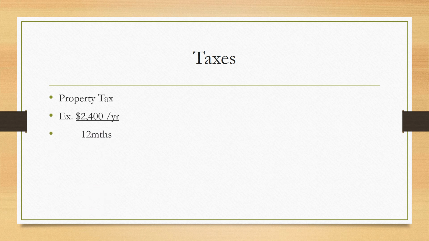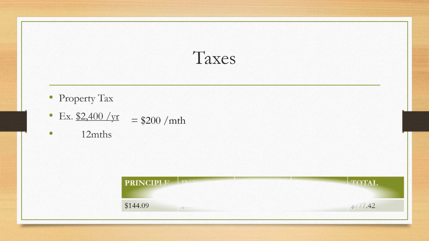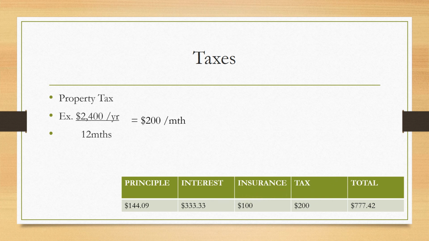Well, you divide that by 12 months, and congratulations, you've earned yourself an extra $200 a month on your mortgage. That brings your total mortgage to $777.42 per month. Thanks, Uncle Sam. That's just what we needed.